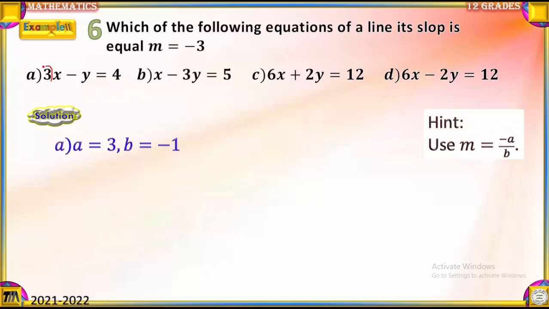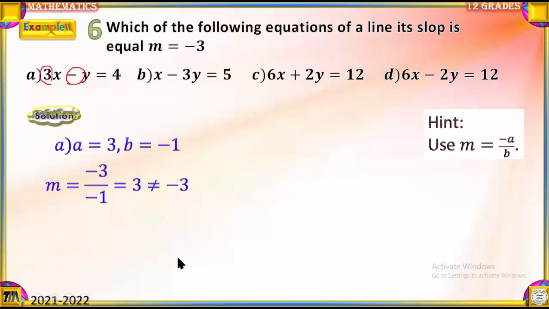A: a is 3 and b is minus 1. Then the slope is equal to minus a, which means minus 3, over b, which is minus 1. Minus 3 over minus 1 is 3. It's not equal to minus 3. Then A is not correct.